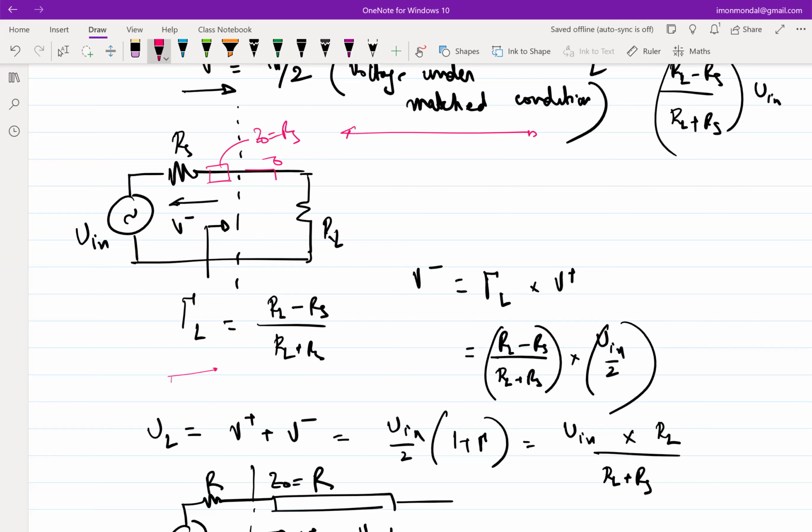And you can assume there is another transmission line here where Z naught is equal to RL. And then you do the analysis at that junction. That way, that discrepancy of thinking of two circuits getting superimposed will not be there. Okay.